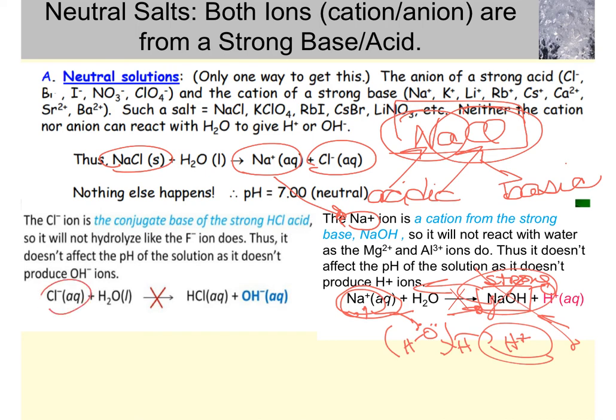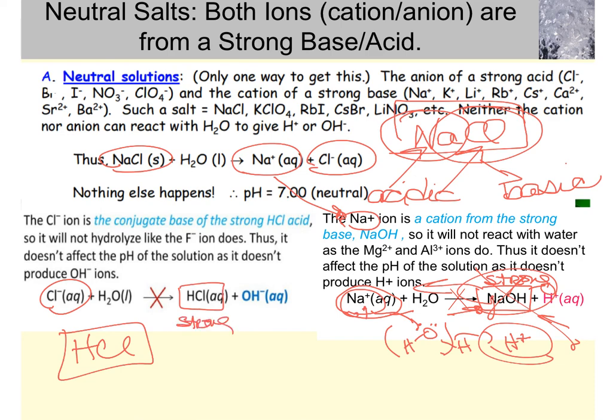Now, same thing for chloride. For the anions, they come from an acid. So for the anions you're typically just going to be adding a hydrogen to find out what acid they came from. As in the case of chloride, the acid it comes from is HCl, which we know is a strong acid.